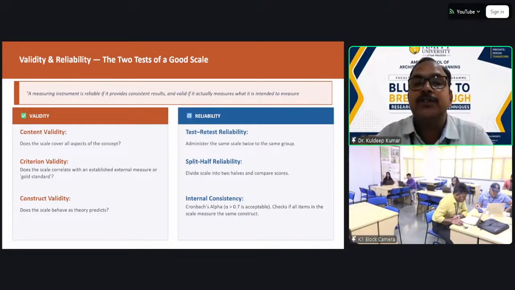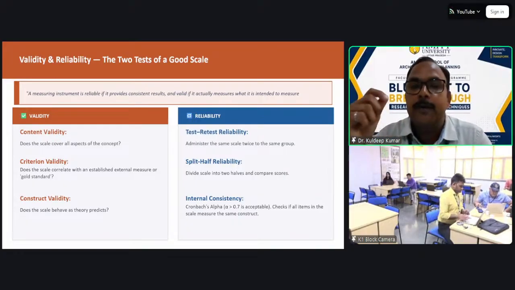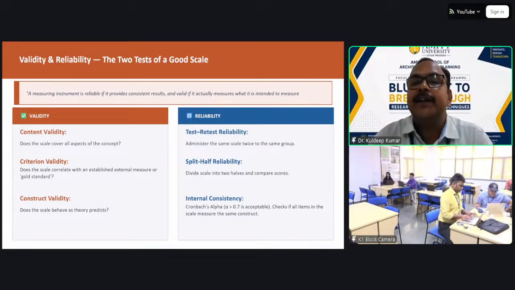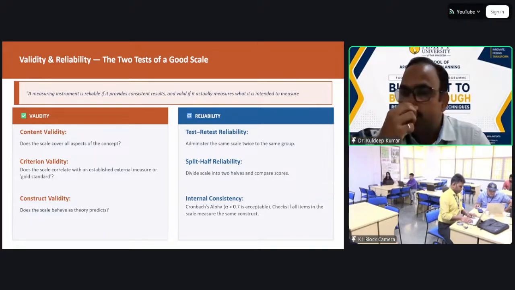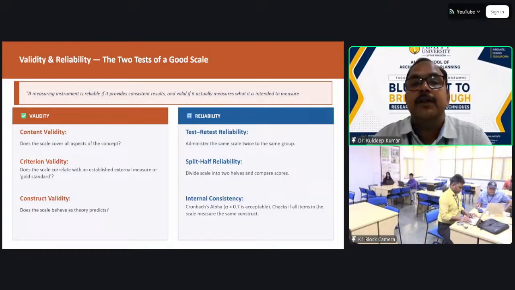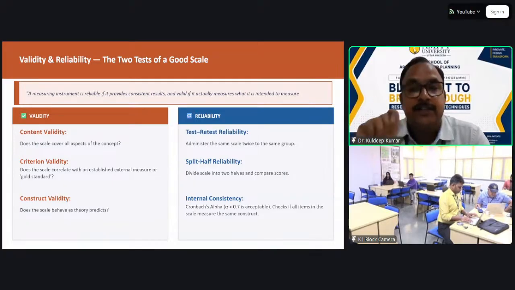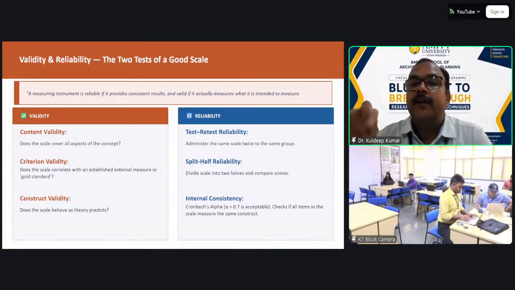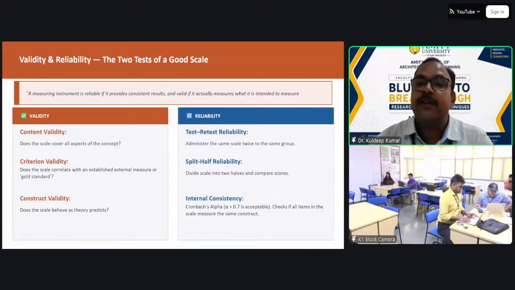So this brings us to the two most important quality tests of a measuring instrument, that is validity and reliability. A measuring instrument is reliable if it produces consistent results, correct? And it's valid if it actually measures what it is intended to measure. So both are essential.